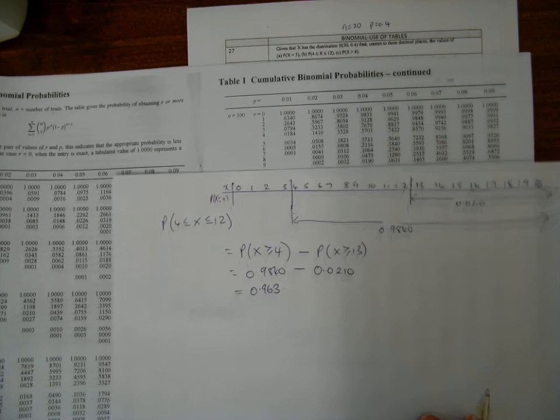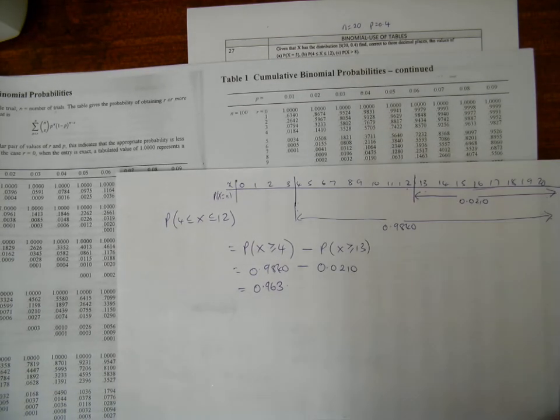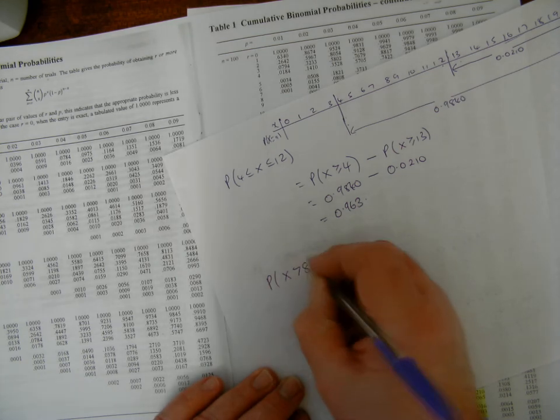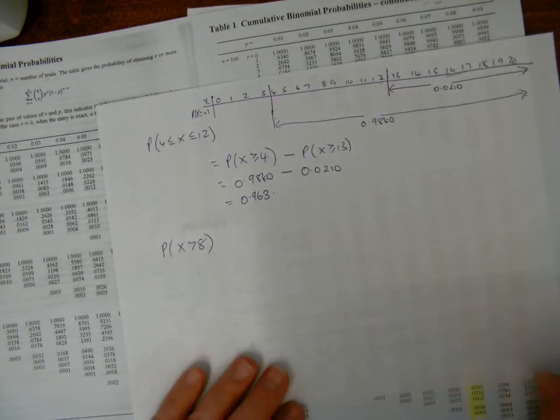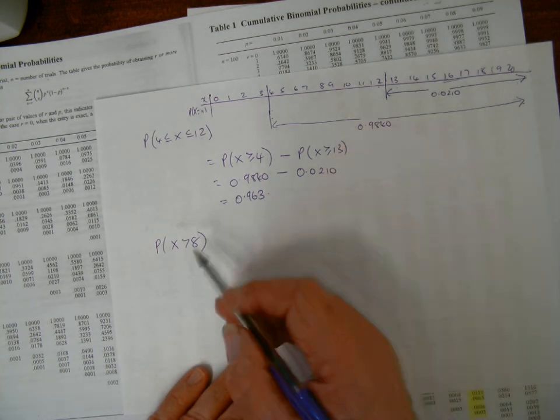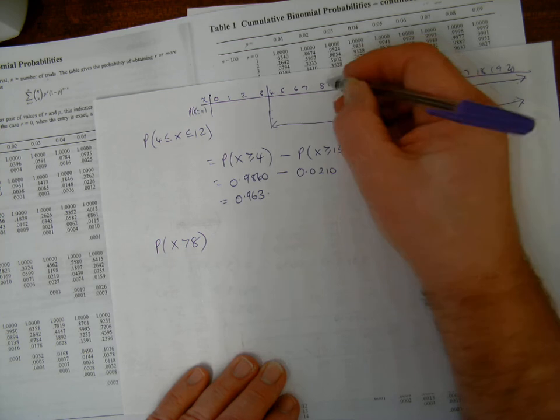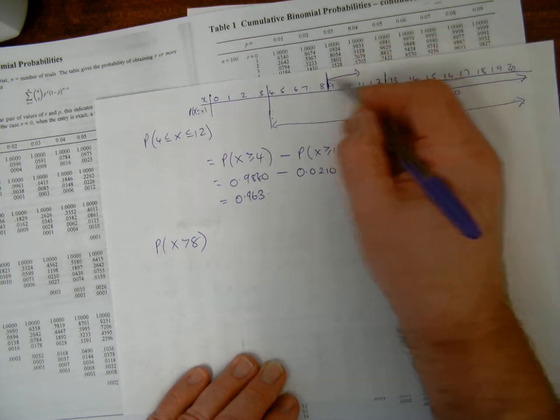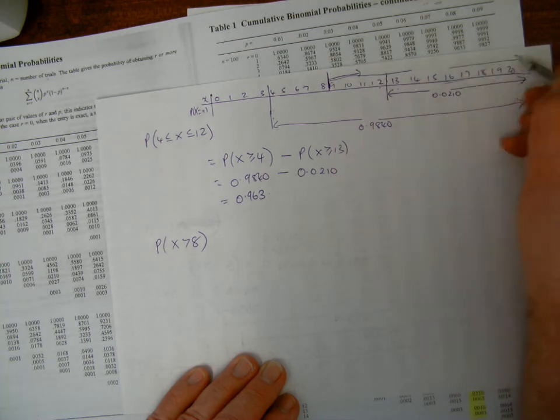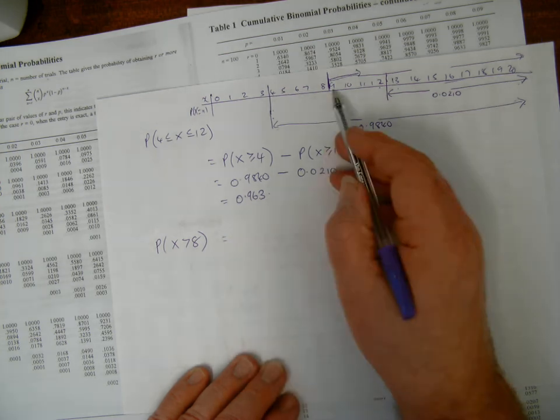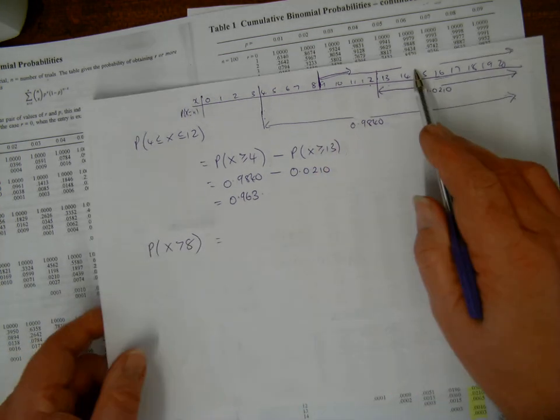The third part of this then is x greater than 8. So the probability that x is greater than 8. Now greater than 8 doesn't include 8. If it's more than 8, it's got to start at 9 upwards. So I want those probabilities from 9 upwards. Reading 9 from the table, that's exactly what the table gives me, all those values from 9 upwards.